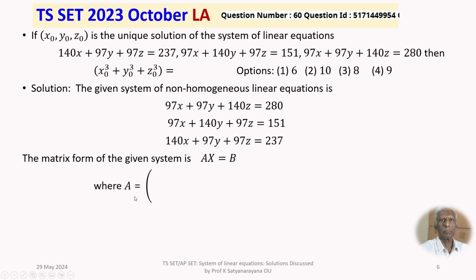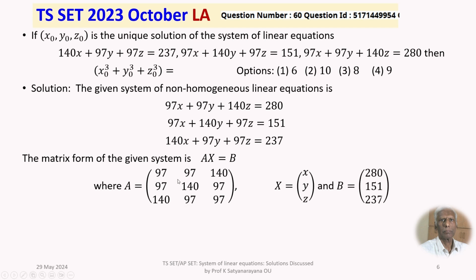A is the matrix consisting of the coefficients of the equations. For the first equation, the first row of the coefficient matrix is 97, 97, 140, and similarly for the others, so you will get A. Capital X is the column vector consisting of the unknowns x, y, z, and capital B is the column of values given for these equations: 280, 151, 250, 237.